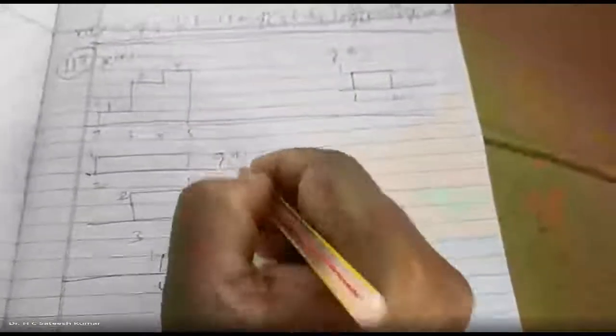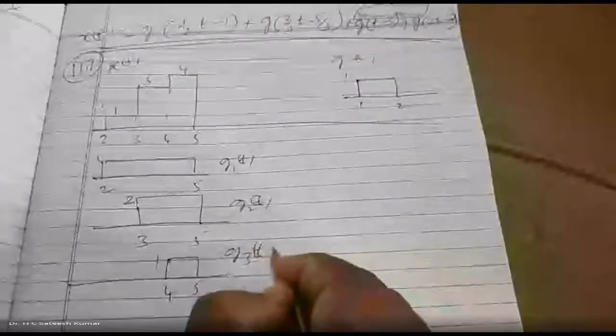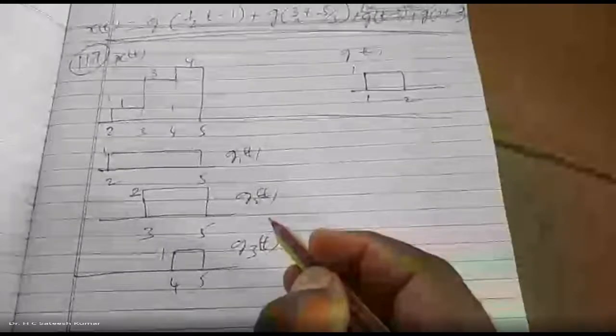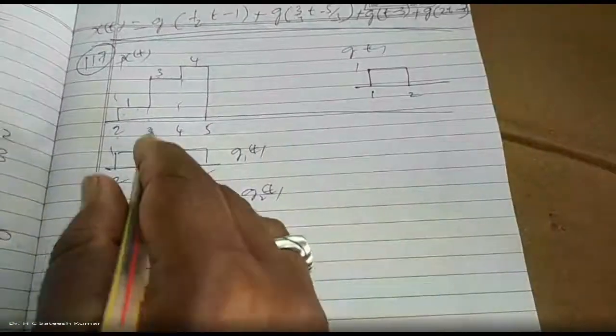And between 4 and 5, its amplitude is 1. We call these G1 of t, G2 of t, G3 of t. So add all of them: 0 plus 0 plus 1 is 1, 0 plus 2 plus 1 is 3, 1 plus 2 plus 1 is 4.